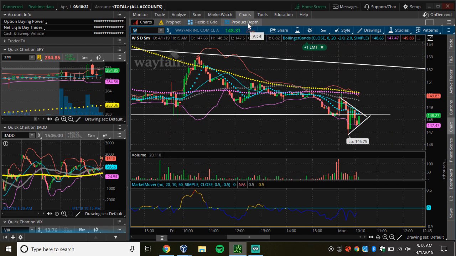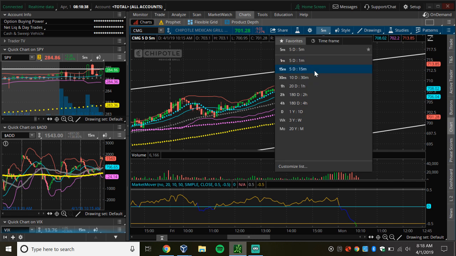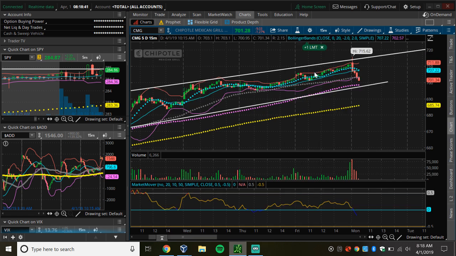These options are up almost 100% just this morning. So Chipotle 700 and dropping. Wow. We still have a couple more points to go.